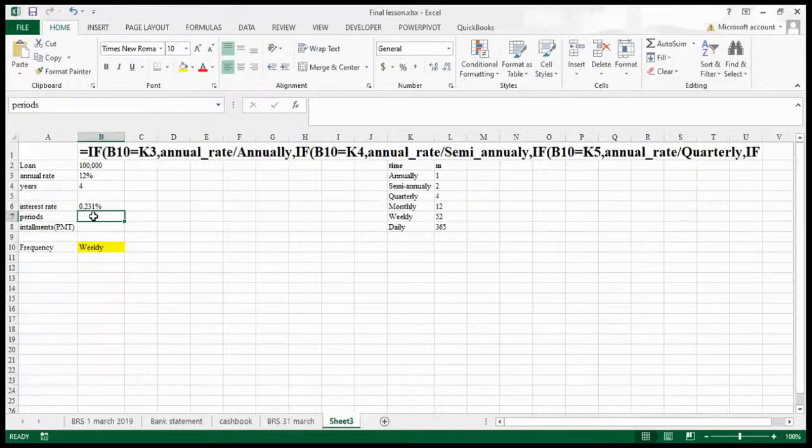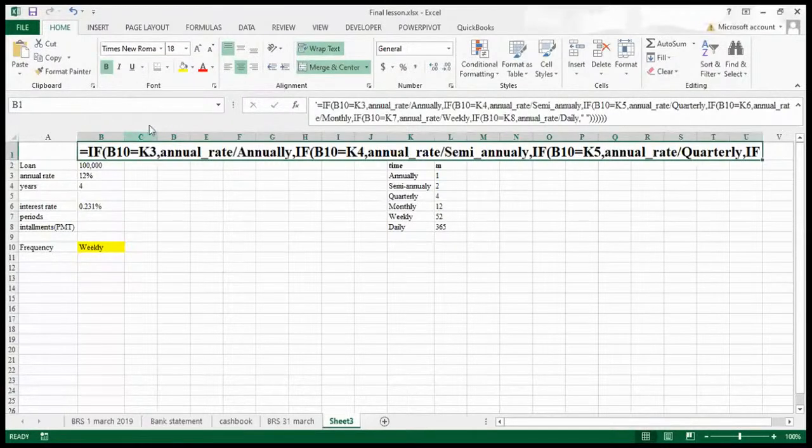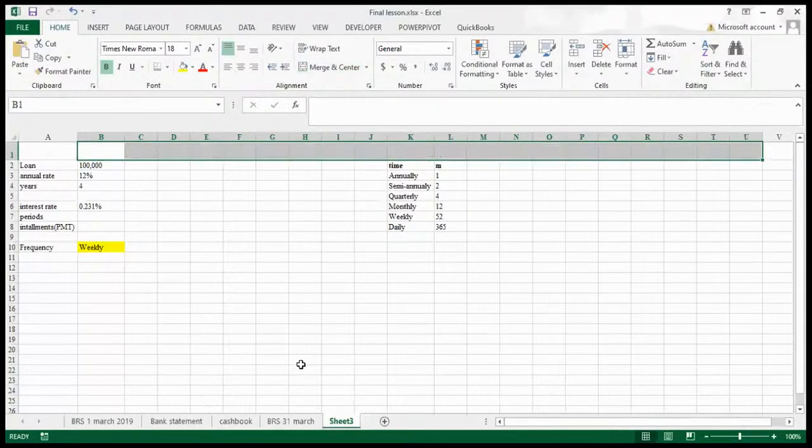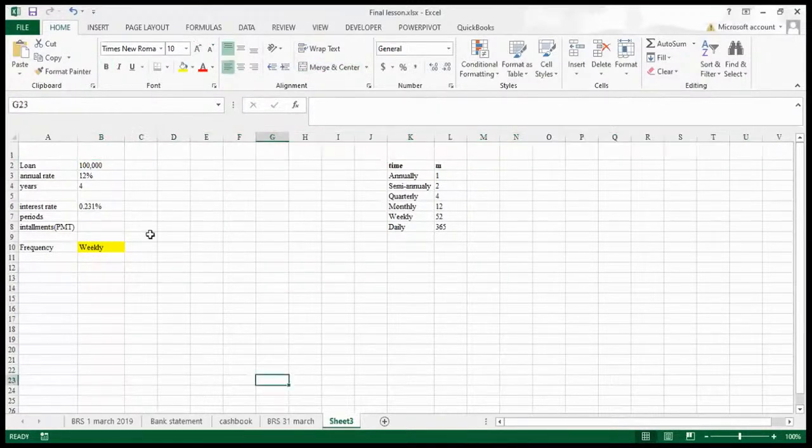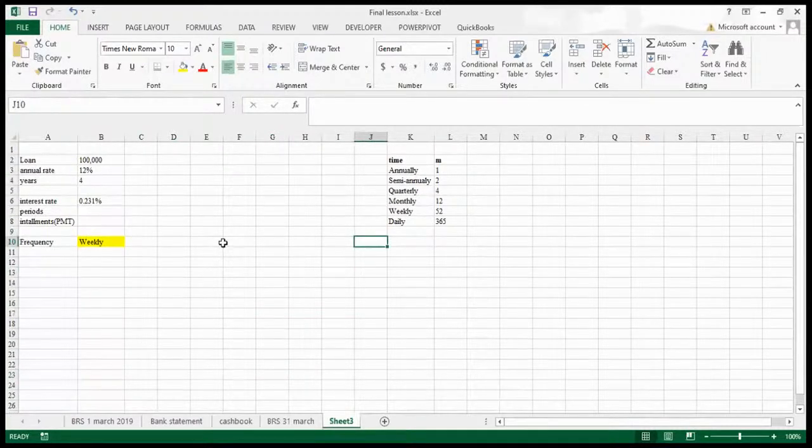Let's automate periods and see. You are the people who told me that for the periods, we simply take the frequency of payment multiplied by the number of years.